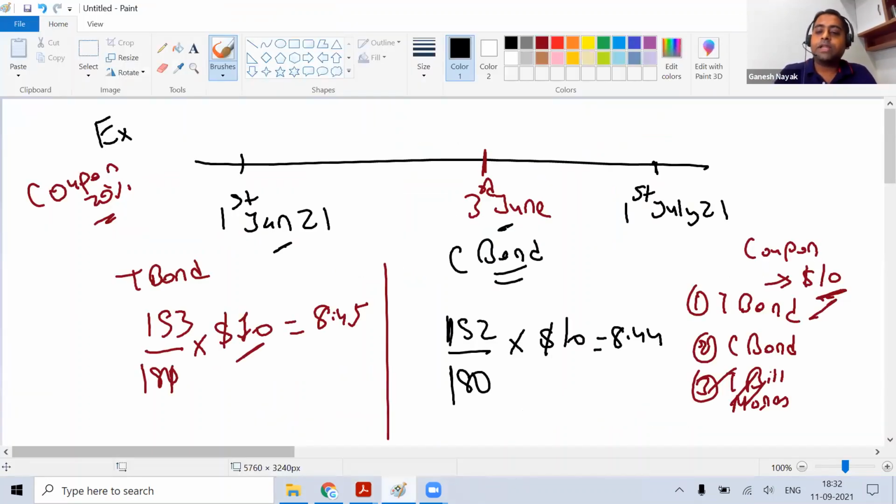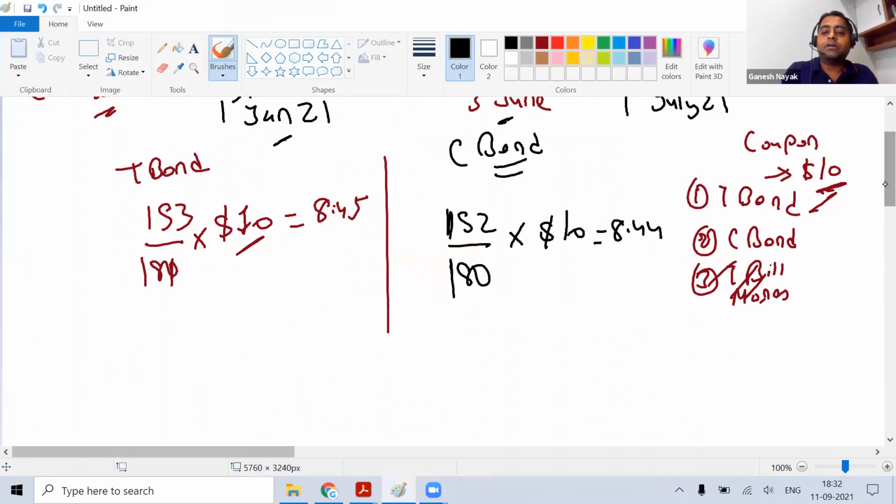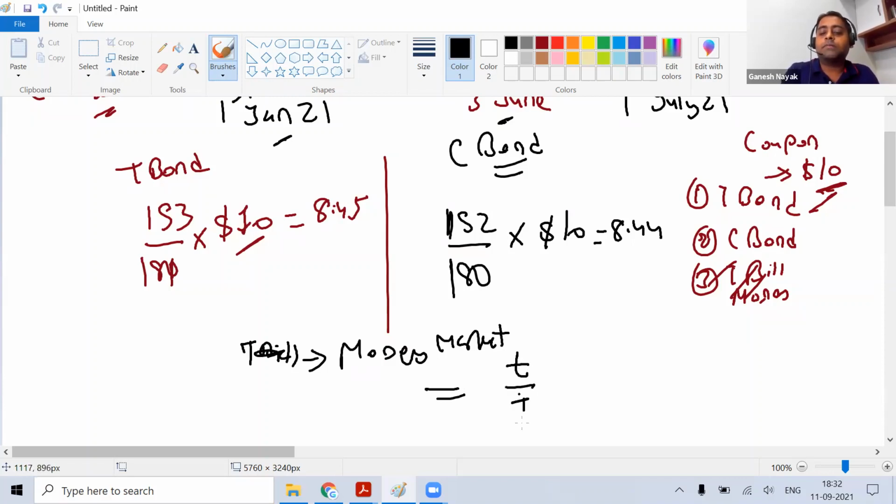If you look at this third method, which is your money market instrument, it is going to be smaller t times $10. Now my smaller t is based on actual, so it is going to be 153.